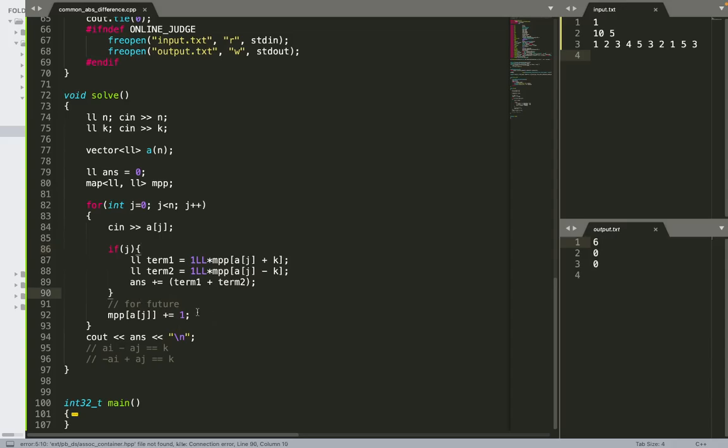We need to update the structure after we have figured out the answer for the jth index, because the value of the array at position j might be a potential candidate for some j in the future, that is to the right of j. So we update the structure, and then finally we just print out the answer.